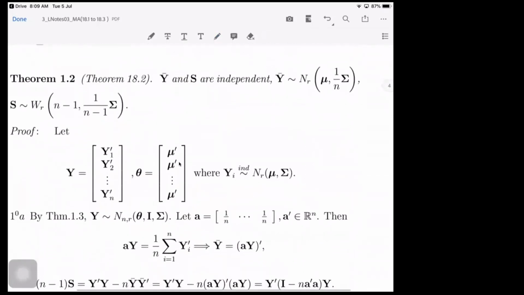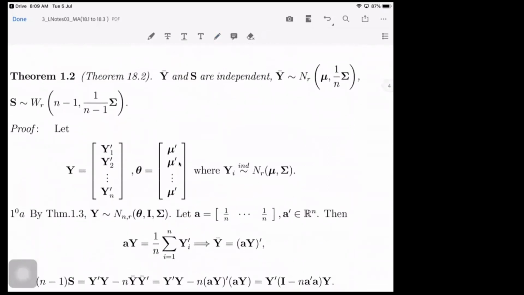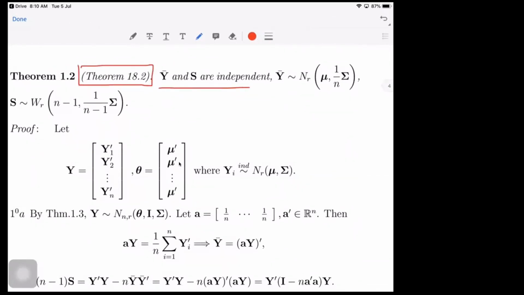Just read about it. And the next theorem tells us that y bar and S are independent, and we can derive the distribution of y bar. So it starts with yi, which is normally distributed; y bar is also normally distributed with a mean vector mu, the same as the yi, but the covariance matrix now will be equal to sigma over n instead of just being sigma.